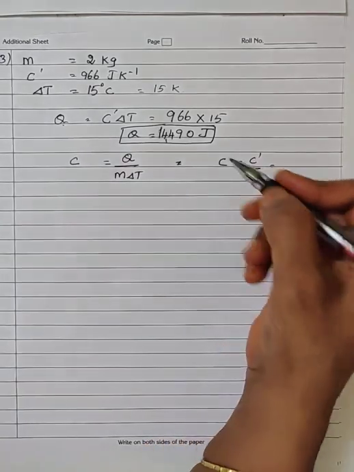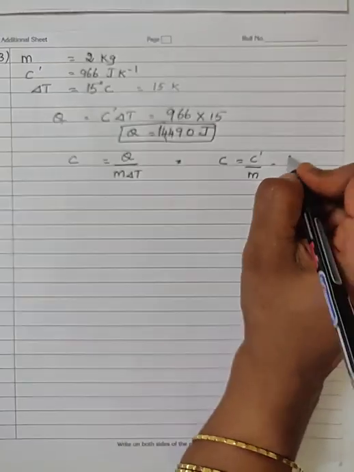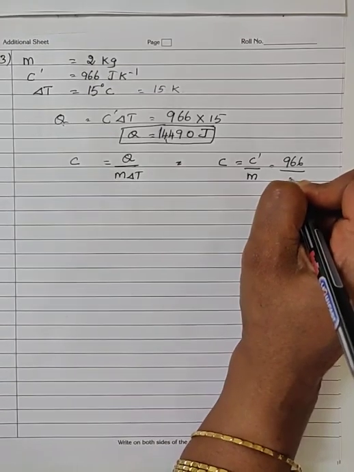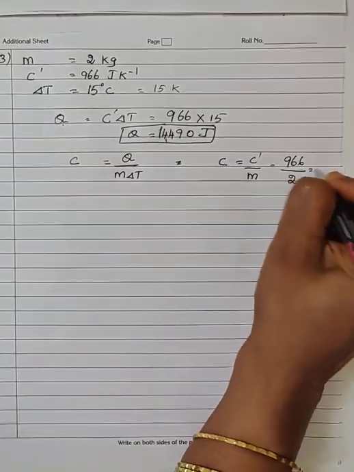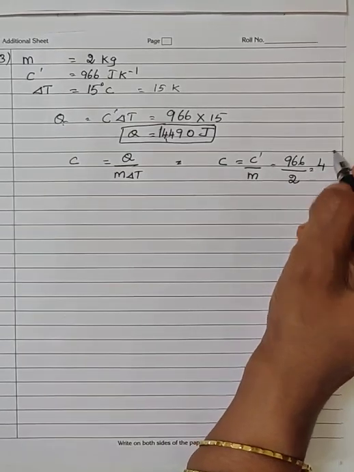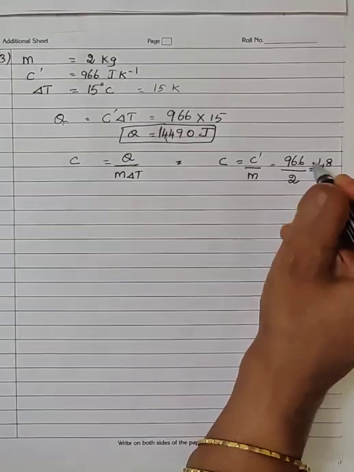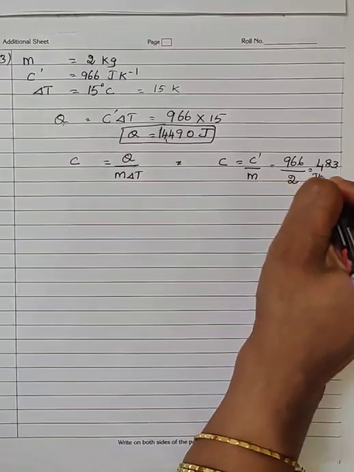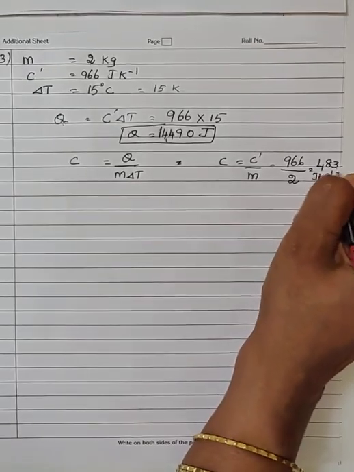Both you can use. So if you use this expression, heat capacity is given as 966 and the mass of the substance is equal to 2 kilogram, which is equal to 4 2s are 8, remaining 1, 8 2s are 16, 3 2s are 6. 483. The SI unit of specific heat capacity is joule per kilogram per Kelvin.